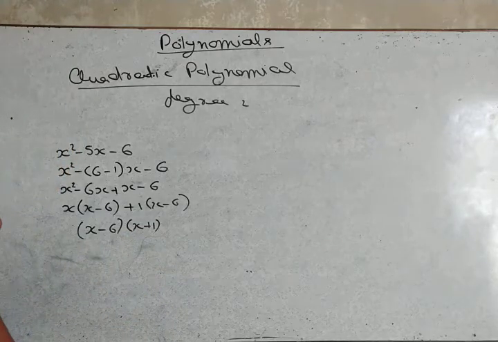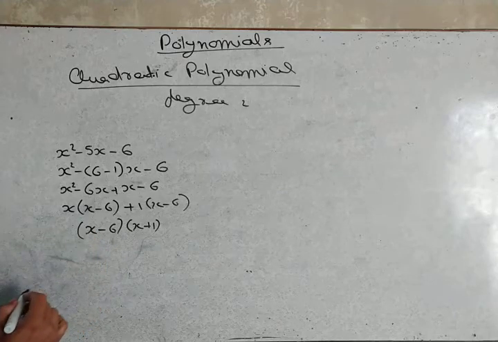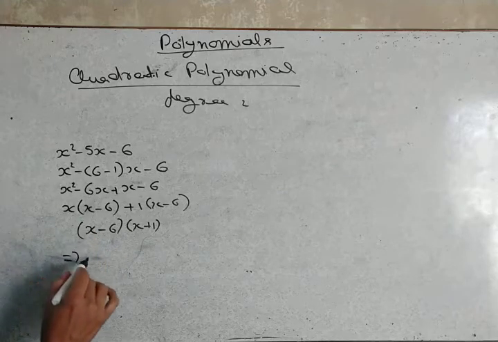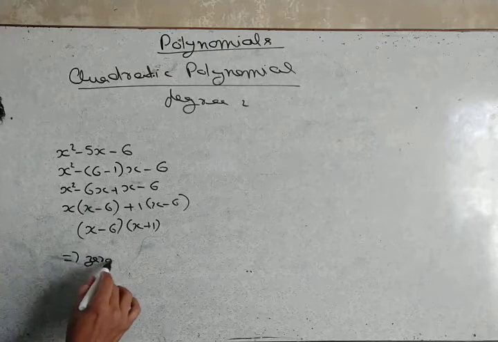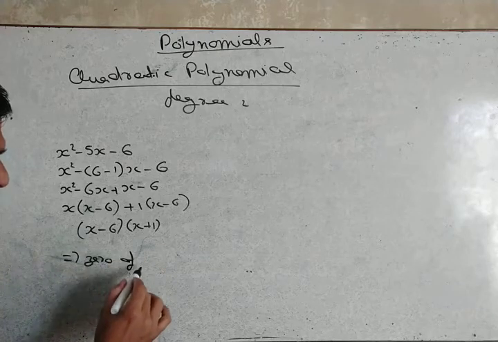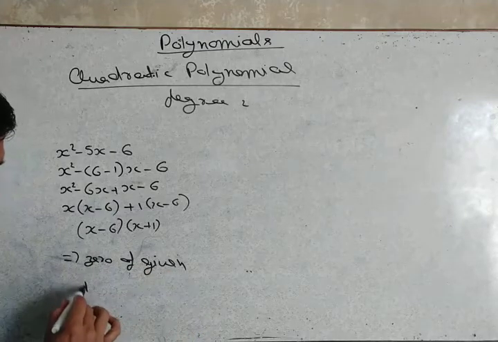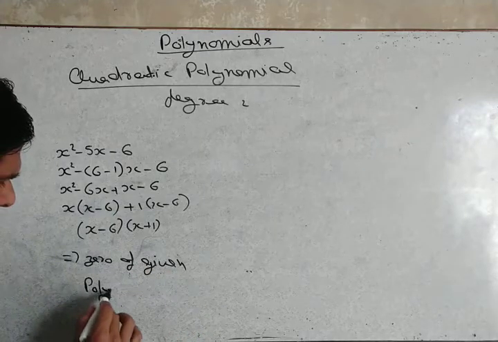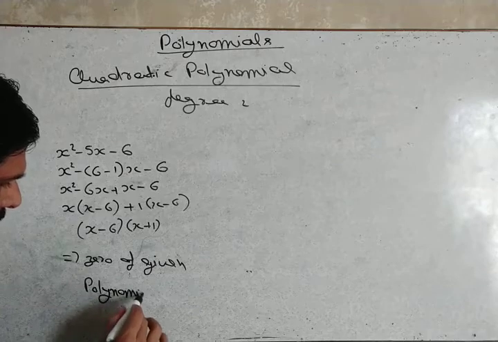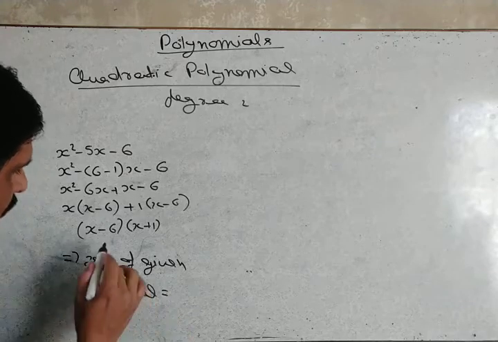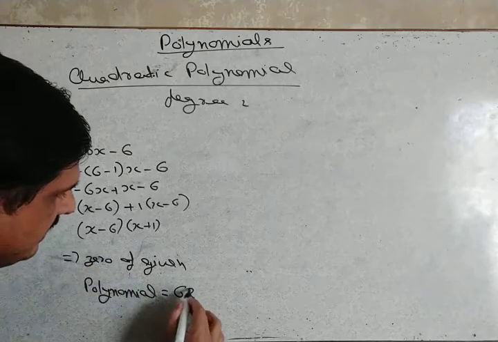So what are the zeros of this equation? The zeros of the given polynomial are 6 and minus 1.